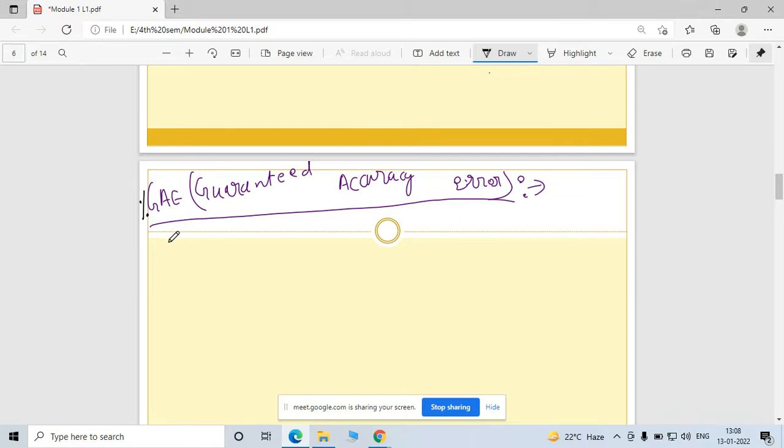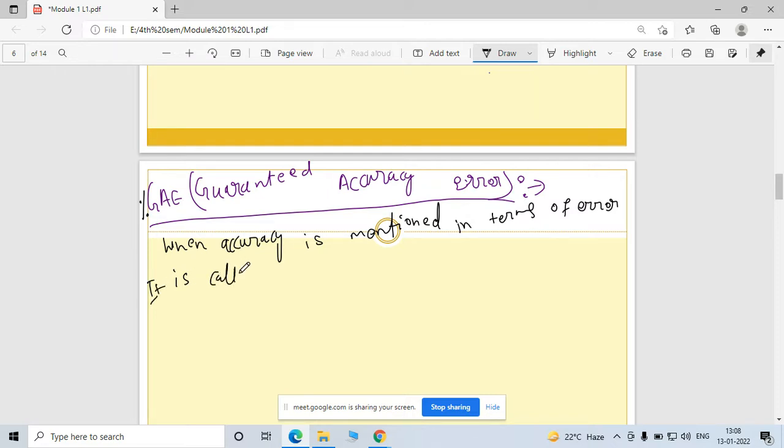When accuracy is mentioned in terms of error, it is called guaranteed accuracy error.